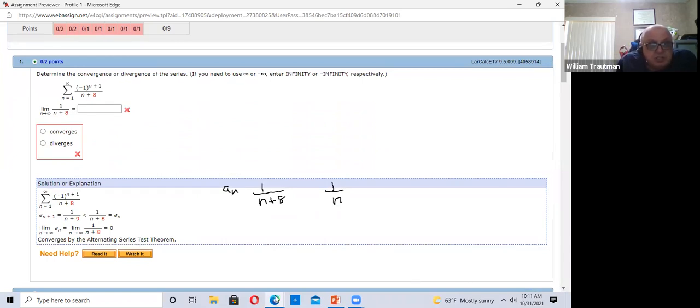And so let's look at successive terms. Once again, if I put n equals 2 in here, I get 1 over 10. And then if you go 1 over n plus 1 plus the 8, when you put 2 in there, you get 1 over 11.